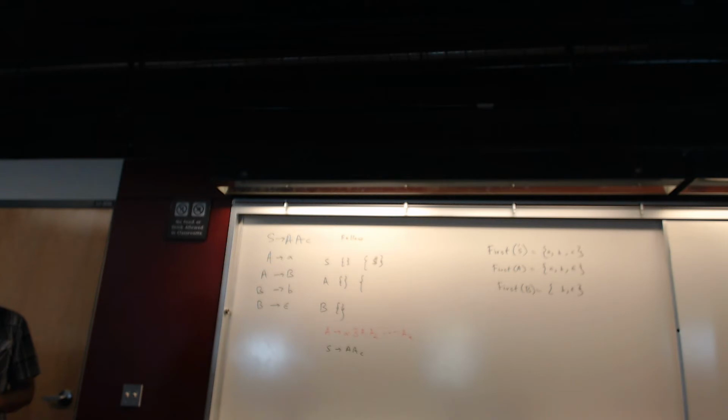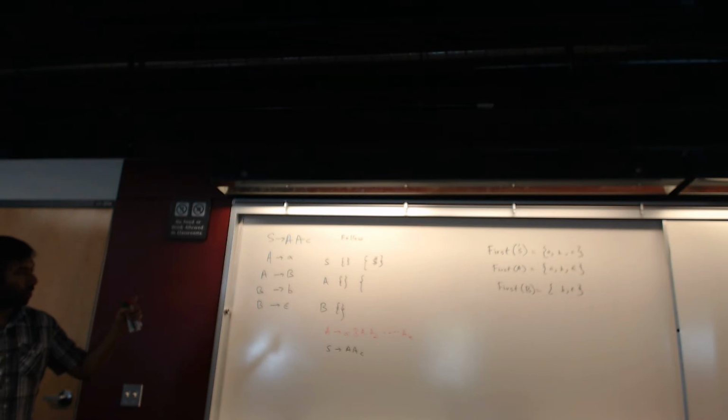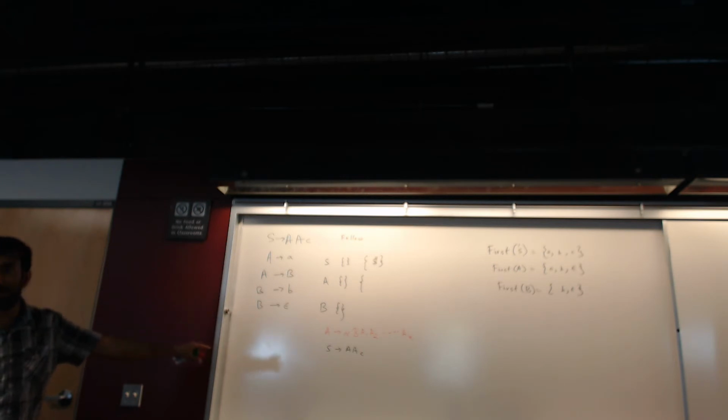Is it possible to apply? Why not? Now let's first see whether we can, you're right, but let's first see whether we can map that rule into S goes to AAC. Right? Can we map that rule to S goes to AAC?